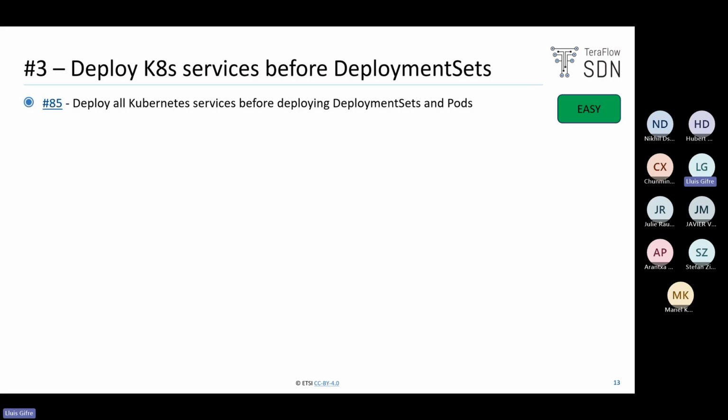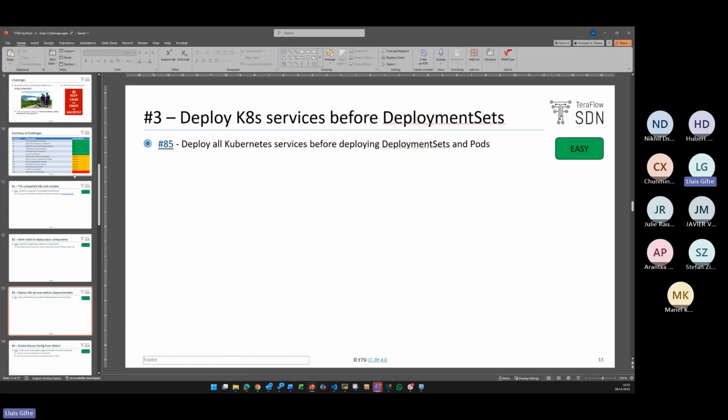The third one is on playing with how we deploy the workloads in Kubernetes. Okay, right now it is done, let's say, for each service of TeraFlow, we deploy the service plus the deployment set at the time, but then it poses some problems and race conditions because in some cases there is one component that, let me maybe draw it.